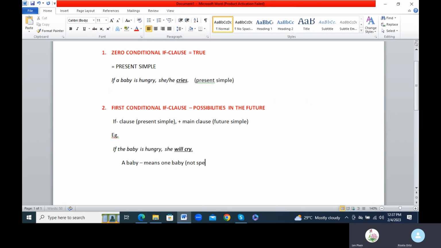So generally, we use baby in general. They will cry? No, a baby is only one, so he or she.